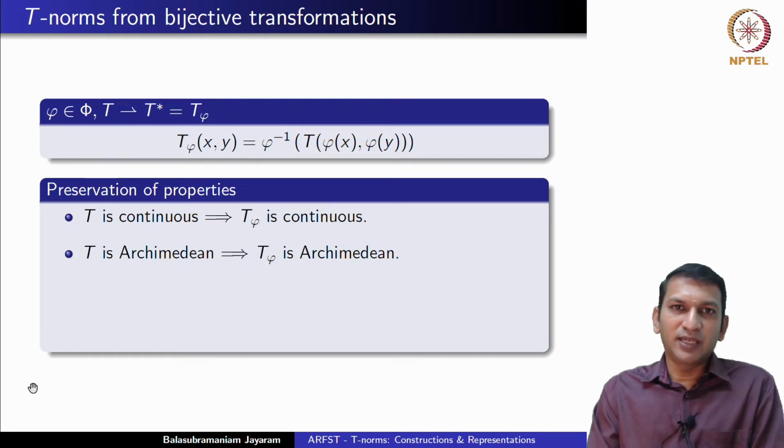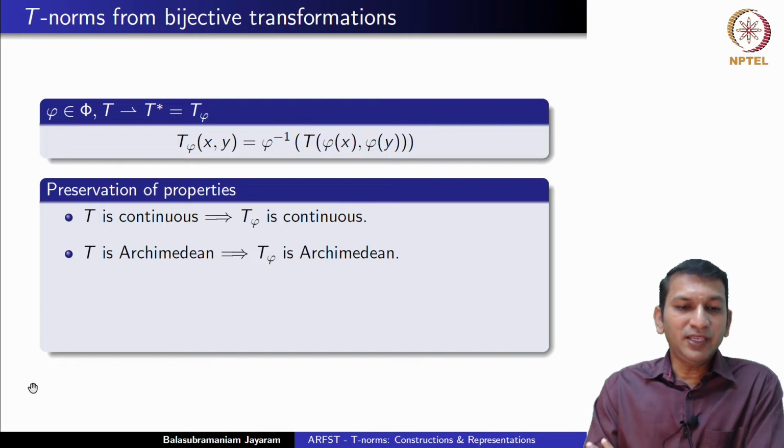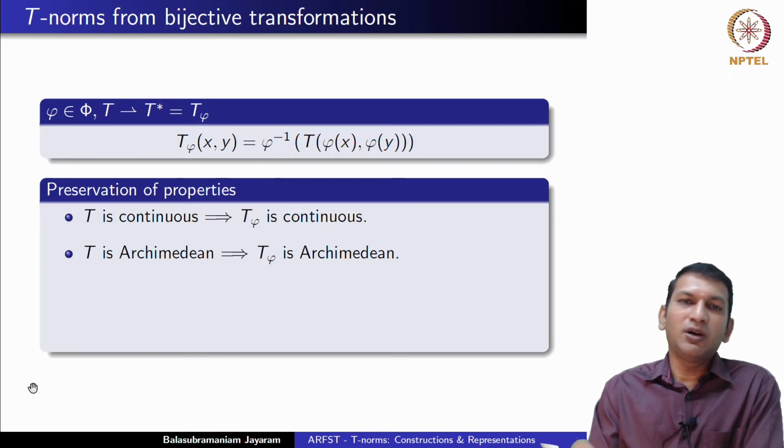Similarly, there will exist an m such that if you operate y on itself with respect to this T norm T m times, it will become smaller than x with respect to the usual ordering on [0, 1]. If this happens for every pair of elements, we say that T is Archimedean. Now, if T is originally Archimedean, then this T phi is also Archimedean.